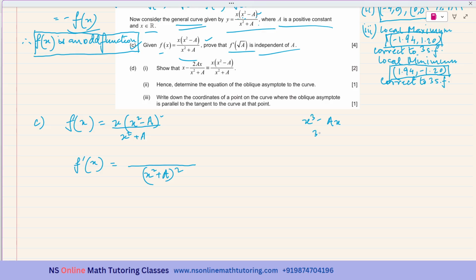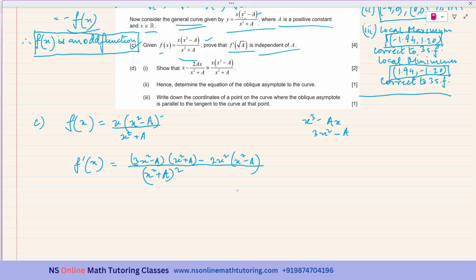So the derivative will be 3x square minus a, times the denominator, which is x square plus a, minus the derivative of the denominator, which is 2x, times the numerator, so times x, so it is 2x square and x square minus a.